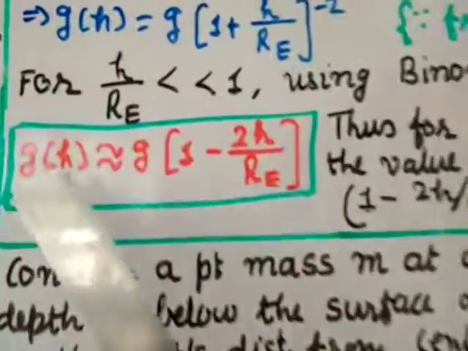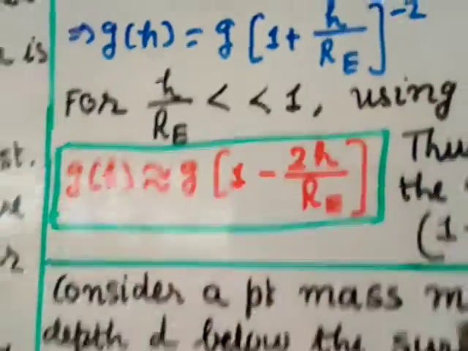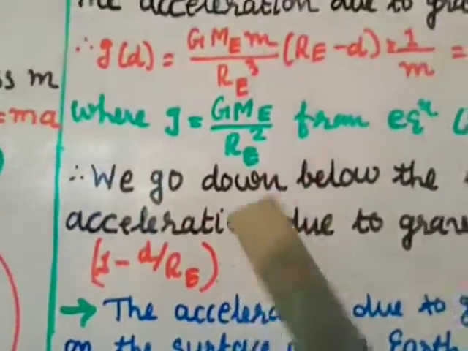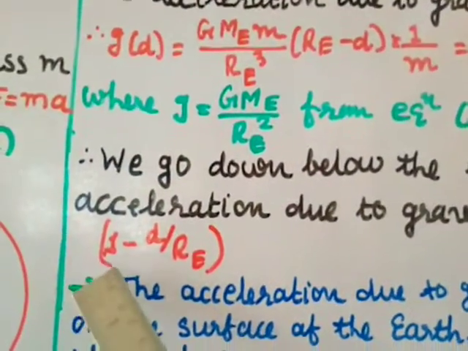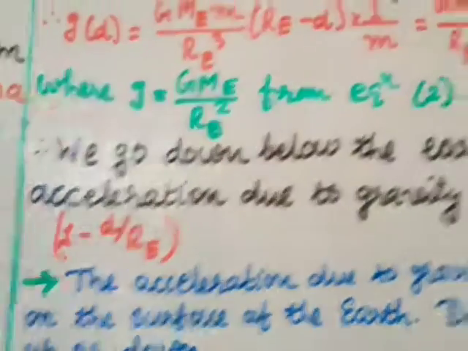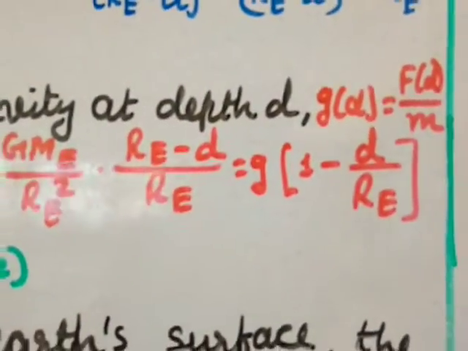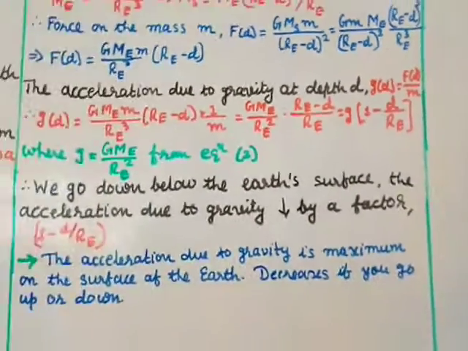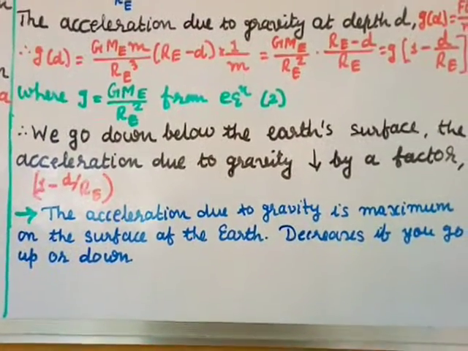Here, if you go below also, it decreases by the factor of 1 minus d by Re. So it decreases whether you go above the surface of the Earth or below it.